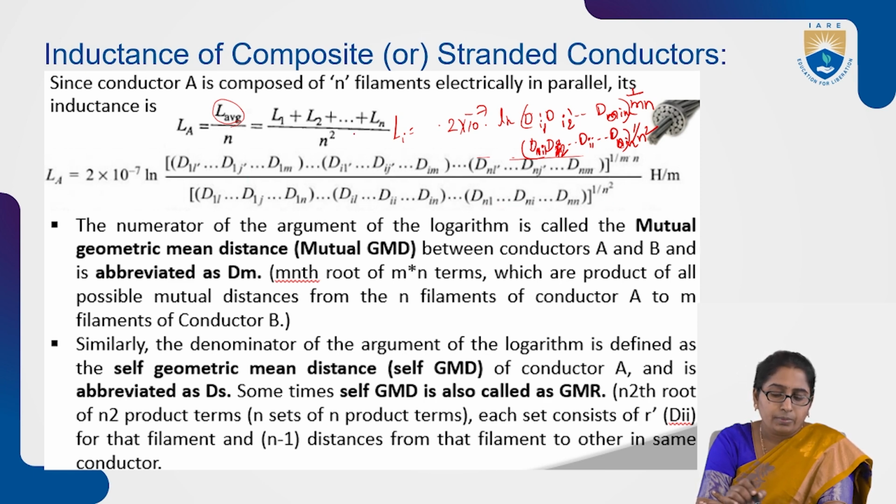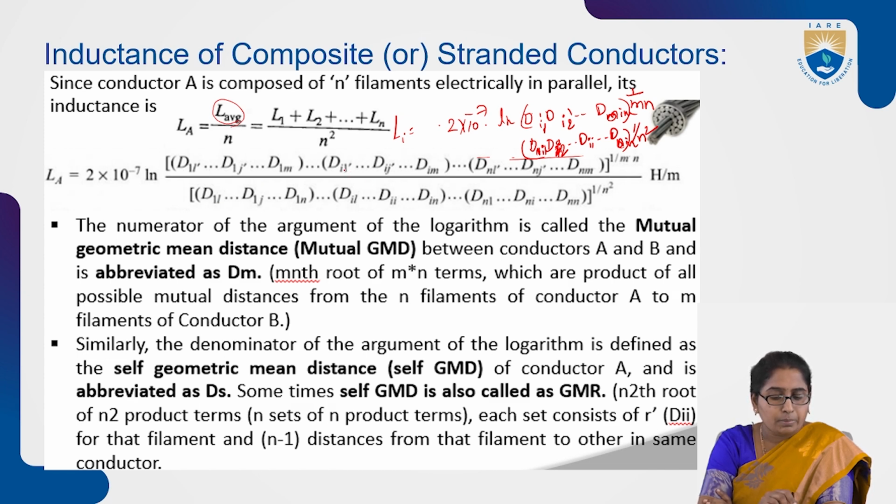In the numerator, we have the terms like this, right? So D, first element is 1 dash, right? So the first element with respect to the first element here is given by 1 dash 1, and so on up to m, right?